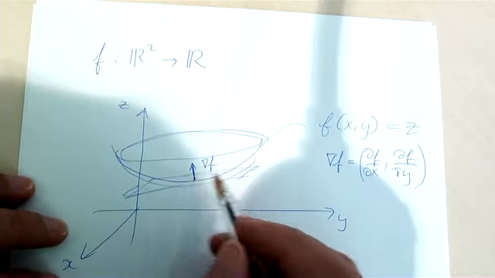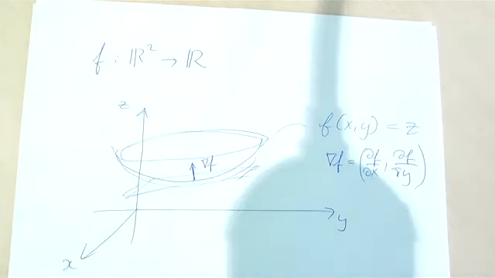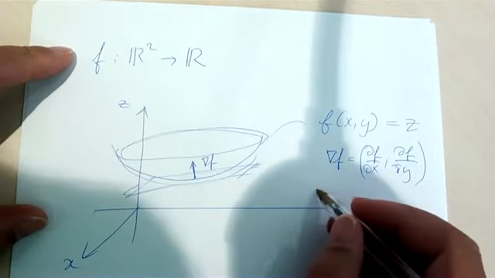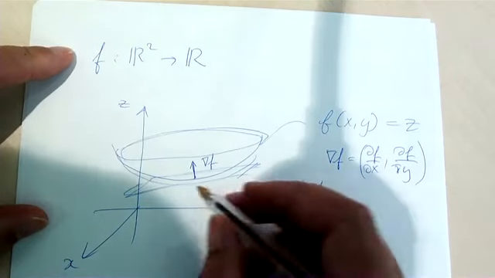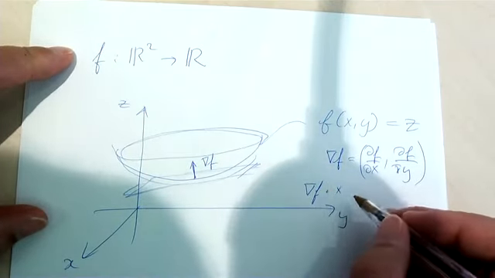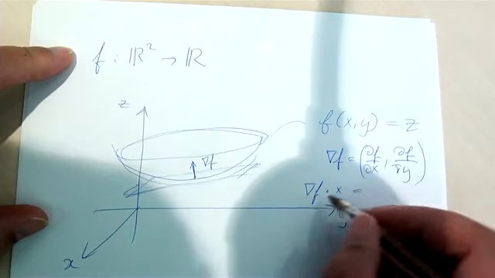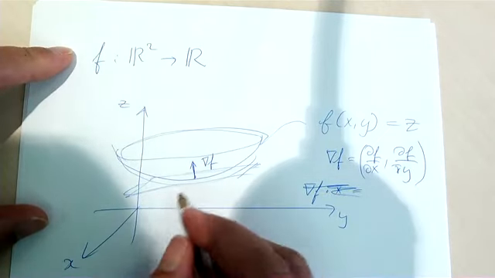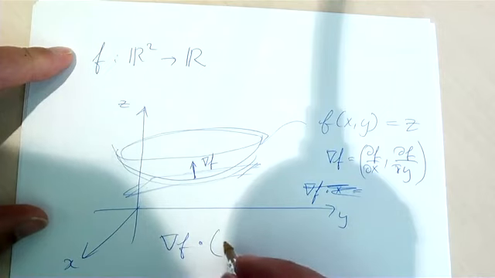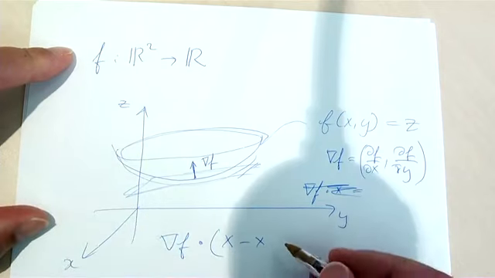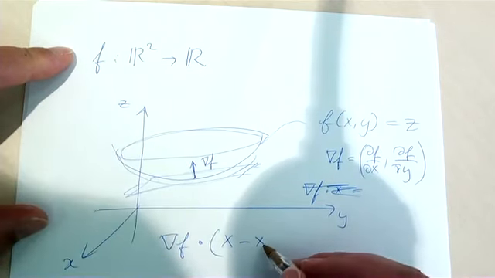Everything on the tangent plane satisfies nabla f dot (x minus x0) equals 0.